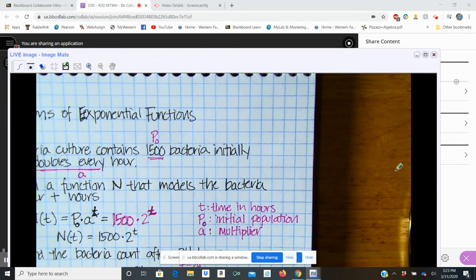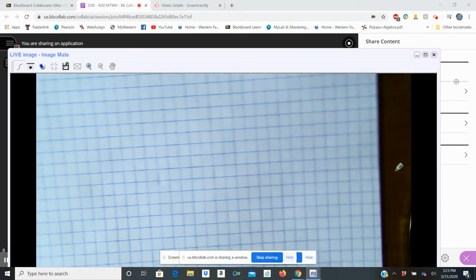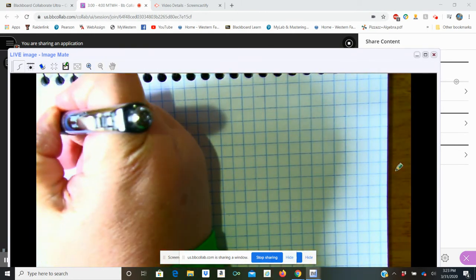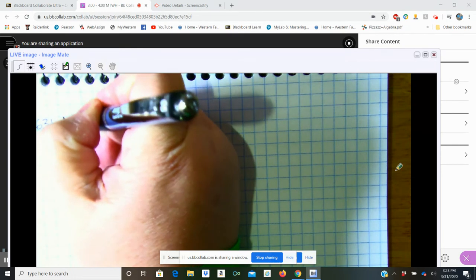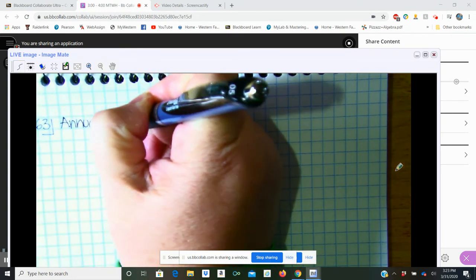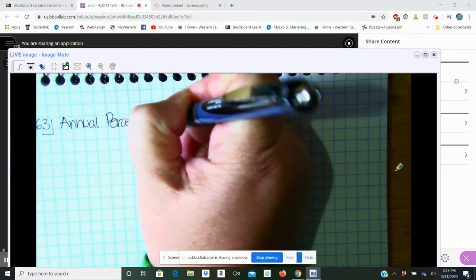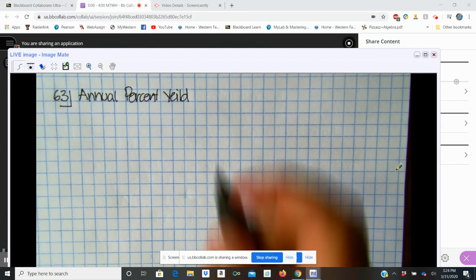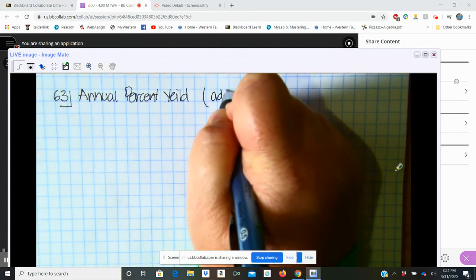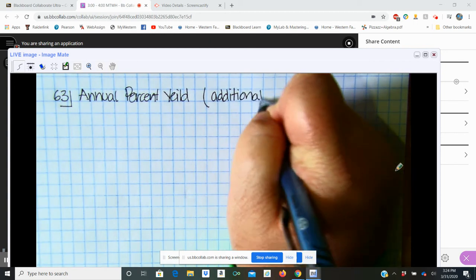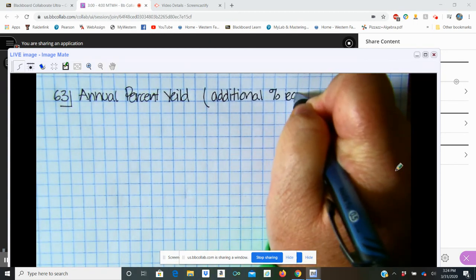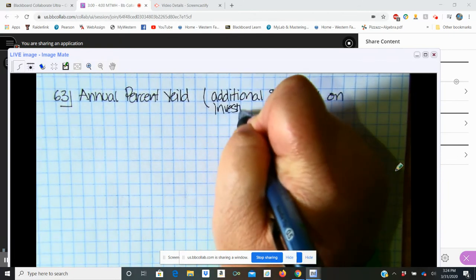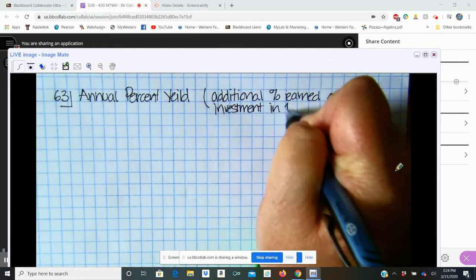Okay. All right, the last one here was problem number 63, and that's on APY, or annual percent yield. Annual percent yield is the additional percent earned on an investment in 1 year.